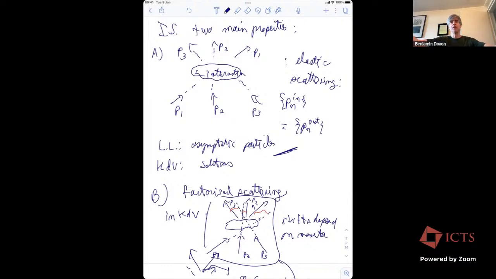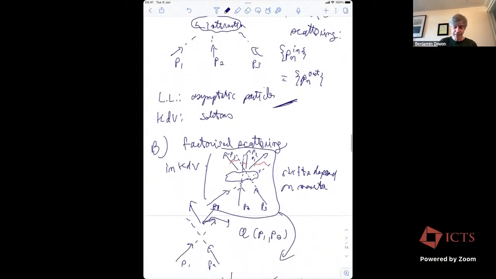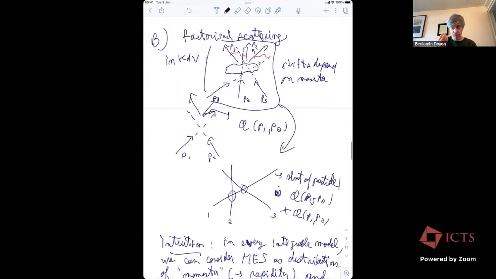When they come out, they have the same momenta. And not only that, but their scattering shifts are factorized, as if each particle had interacted with each other just two particles at a time.